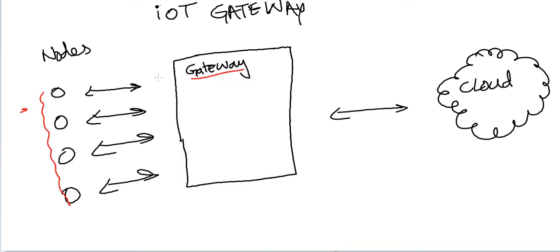So this gateway has become very important because of the conversion of all these protocols to the one that is going to send data in this direction, and also being able to collect data from these devices using different protocols like LoRaWAN, 6LoWPAN, MQTT, CoAP, or Zigbee, whatever.